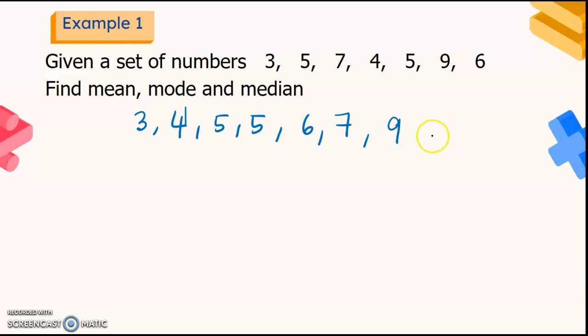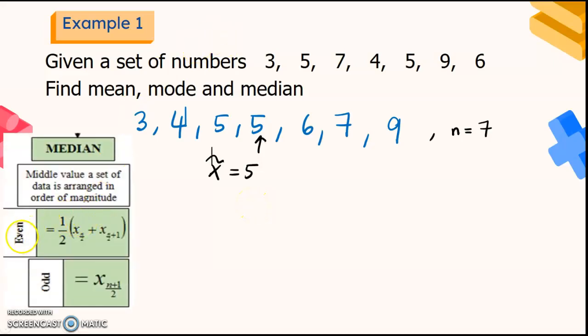Here we have 7 data, so the middle will be 1, 2, 3, 4. 1, 2, 3. So here will be our median. So median equals 5. Or we can use the formula.